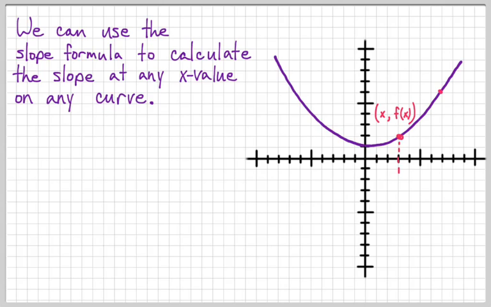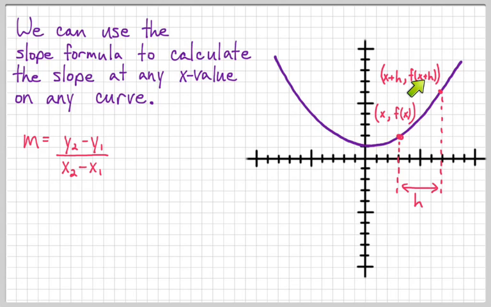And then I'm going to pick another point here, and I can't call this one x because I've already used x, but whatever little horizontal distance there is between those 2 points, let's call it h, and then the x coordinate here will be x plus h, and the y coordinate will be f of x plus h.